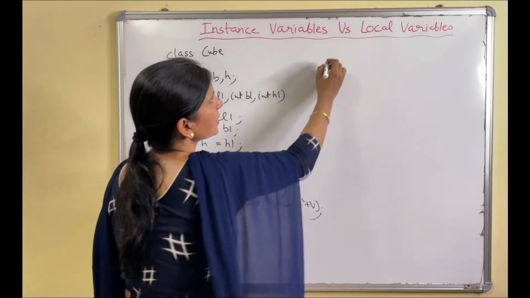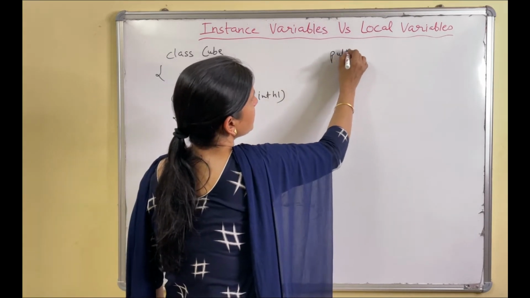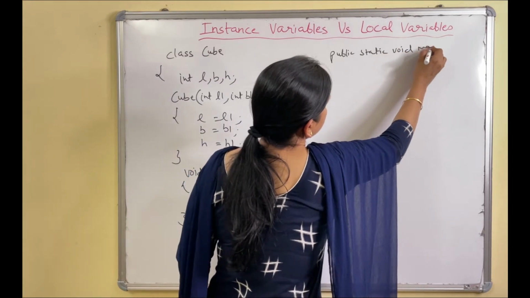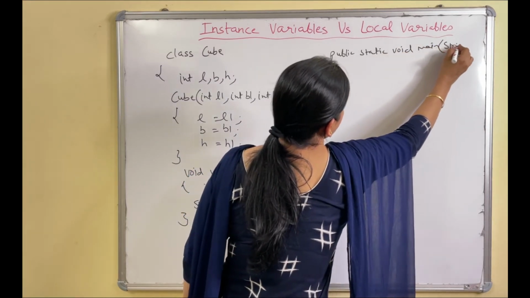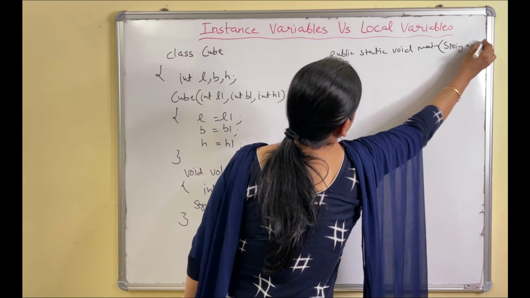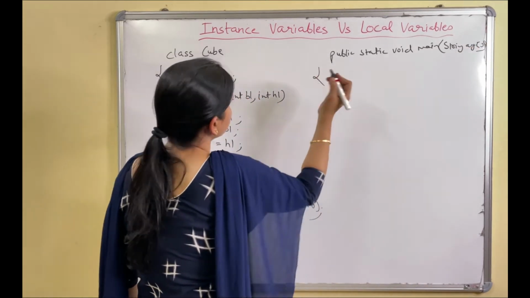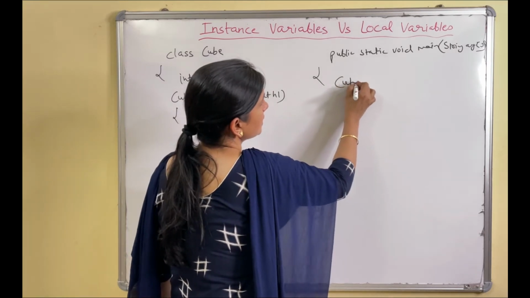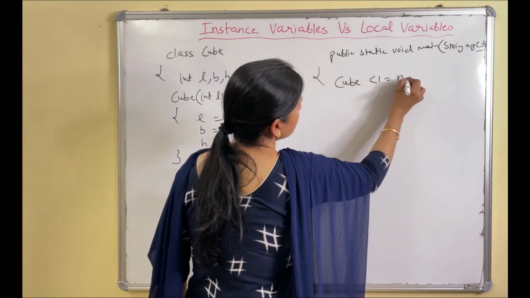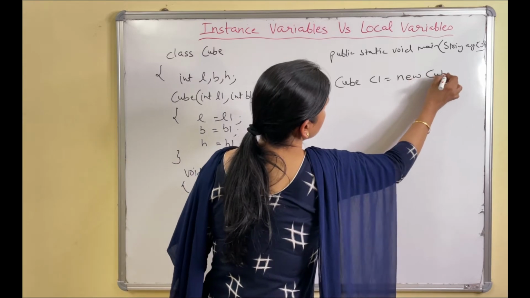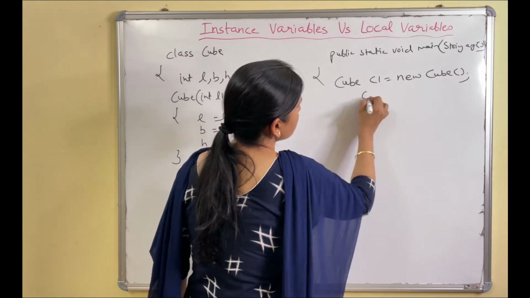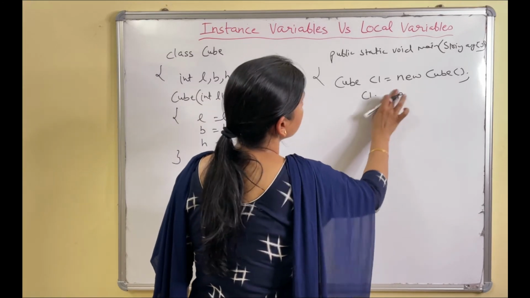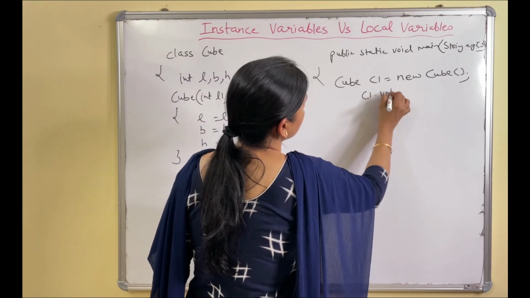Let's make the main function, public static void main. Here I will pass String r. First we will create one object of class cube. Let it be c1 equals to new cube. Then c1.volume, not display, volume we have taken.